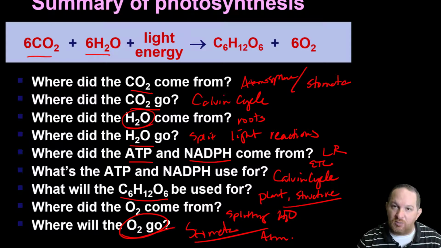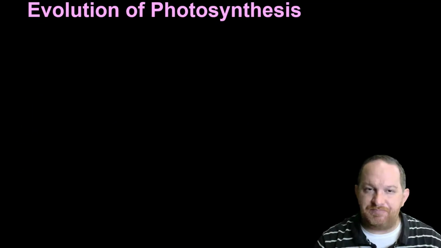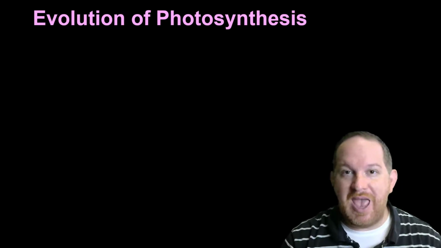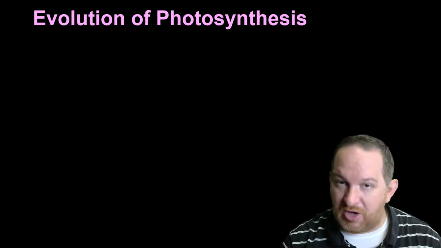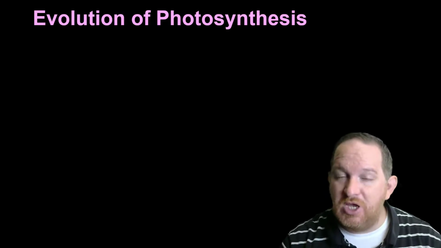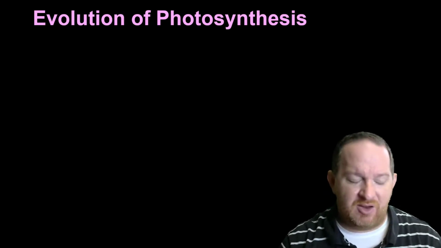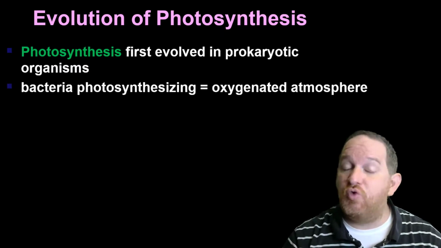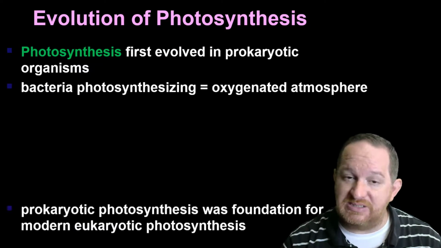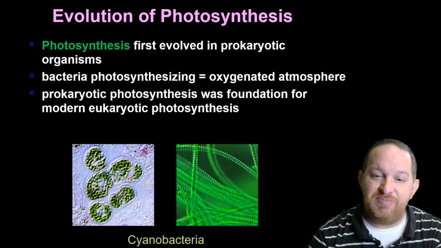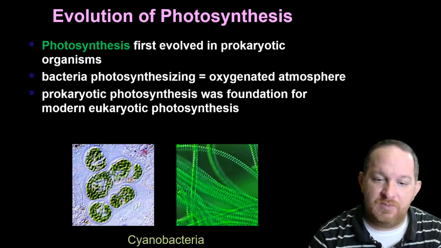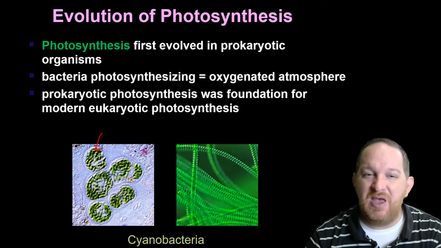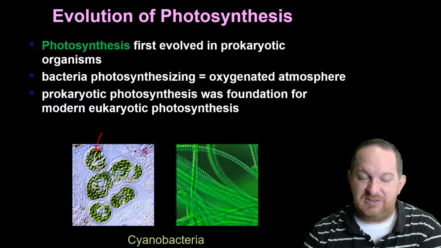Now I want to talk a little bit before we wrap this up about how photosynthesis evolved. If you think about it, every process on our planet had to evolve. So where did photosynthesis come from? Well, we think photosynthesis first evolved in prokaryotic organisms. Think an ancient bacteria. And here we see some cyanobacteria from today, but think of some ancient bacteria that started photosynthesizing.